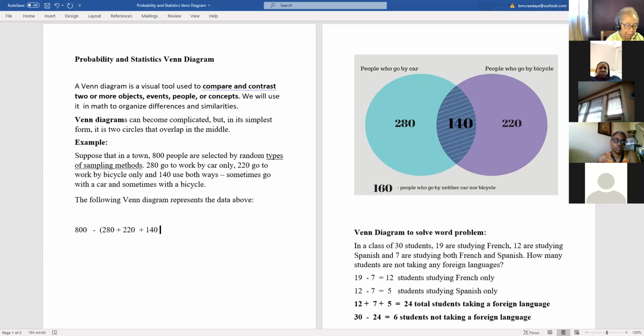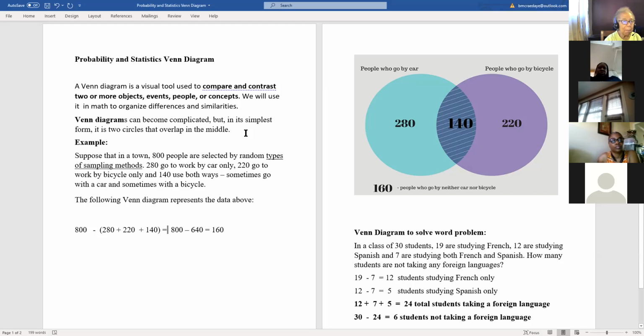If I add that all up, what do I get? 640. So I have 800 minus 640, and what's that equal to? 160. That's the ones who do not go by either.